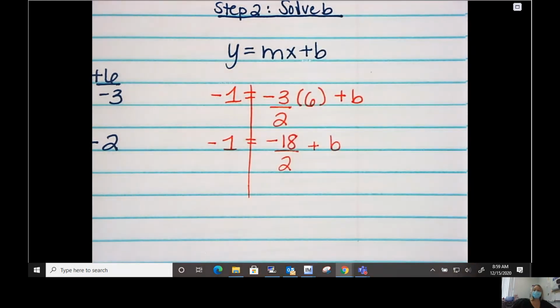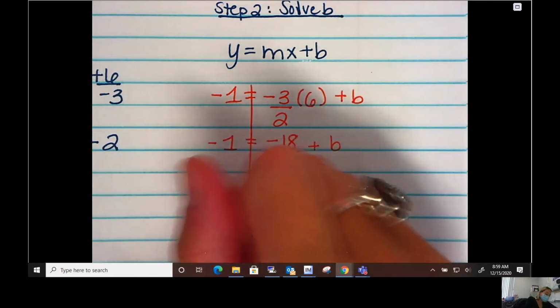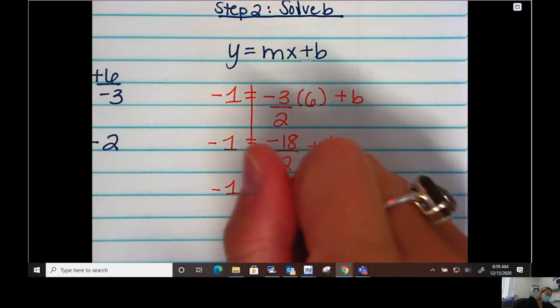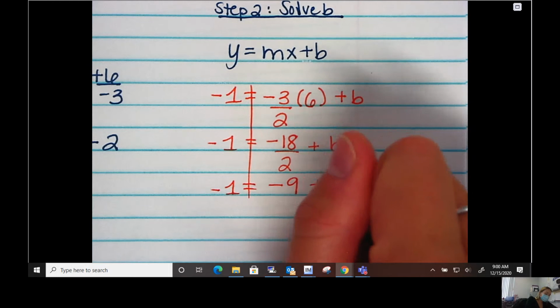And I put that over 2, which just means divide it by 2. What is -18 divided by 2? What kind of 9? Negative or positive? -9. Good. So you get -1 equals -9 plus b.